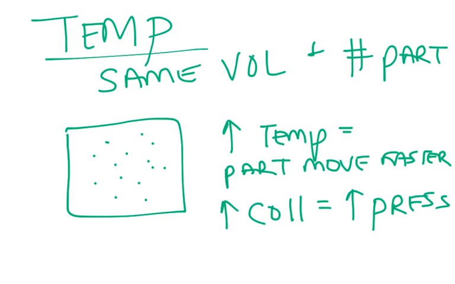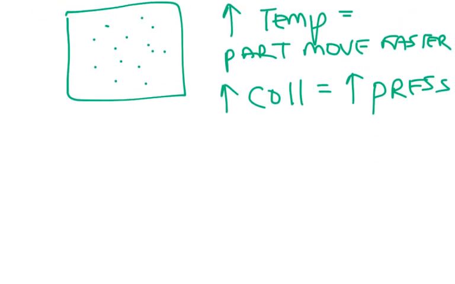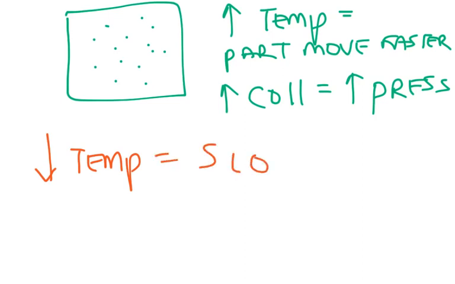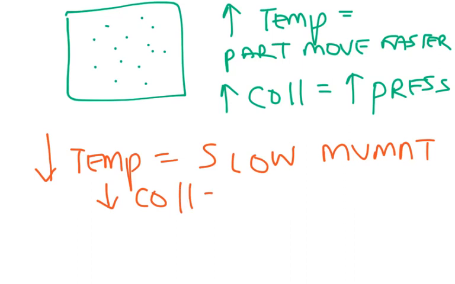On the flip side, if I drop the temperature, I'm actually taking away that energy. I'm taking away that kinetic energy. So I'm telling you, you have to go in slow motion now, like, oh, slow motion. That drop in temp, that slower movement is going to mean you're going to have less collisions, and less collisions we know means less pressure.